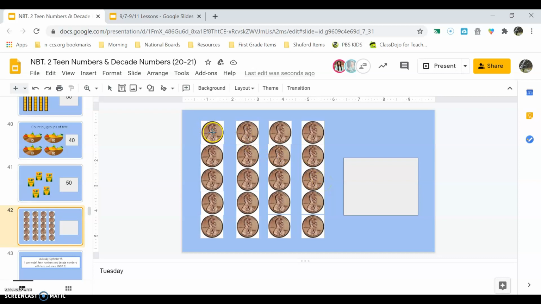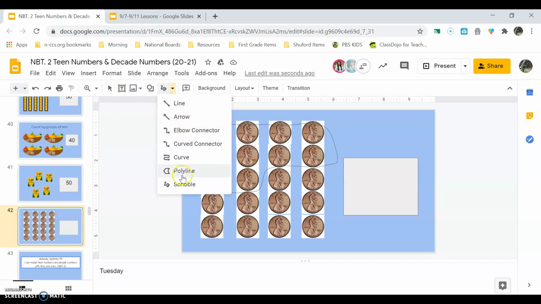So let's go ahead and count. 1, 2, 3, 4, 5, 6, 7, 8, 9, 10. So I'm going to go back and I'm going to circle this group of 10. So now instead of going back, I know that I have how many? 10. Very good.